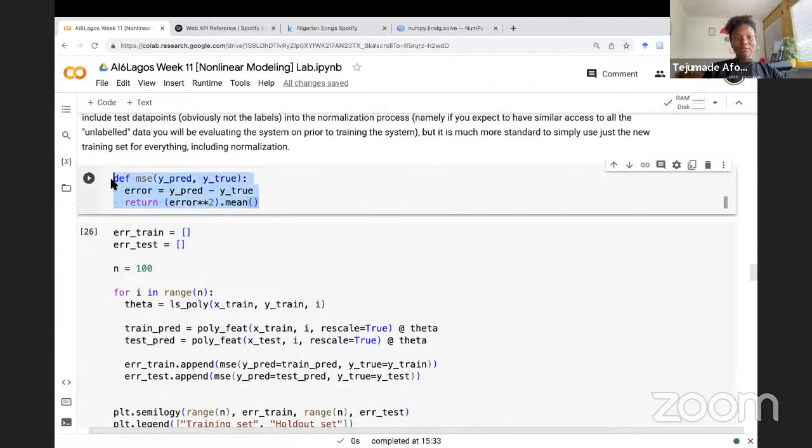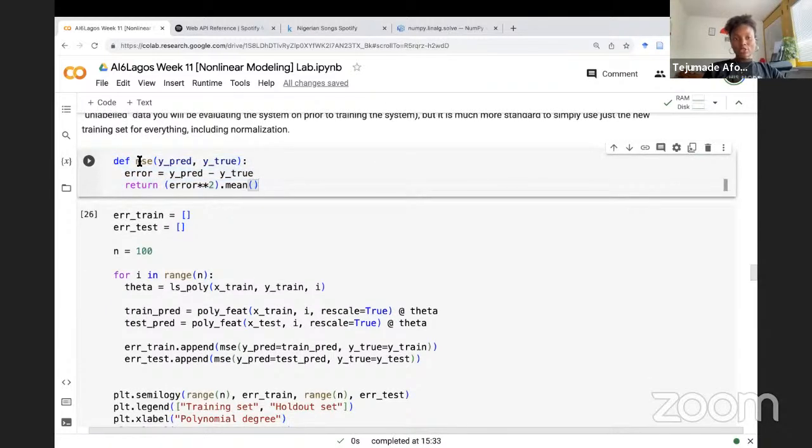So here I have implemented a function that just does mean squared error, which is just the difference between the predicted target Y value and the true target, and we square all of this error, this difference, and then we get the mean of it across all of the data sets.